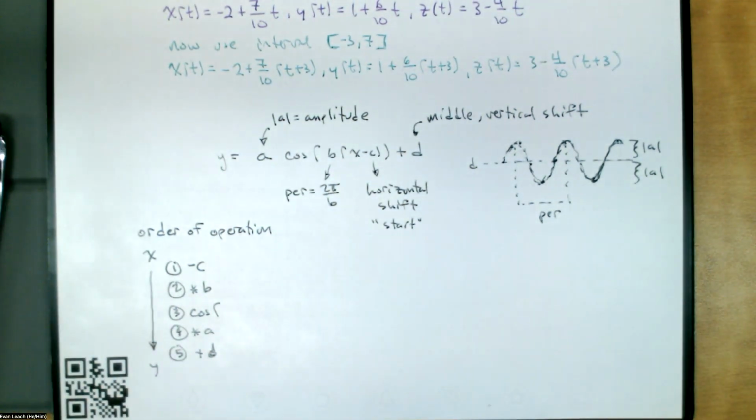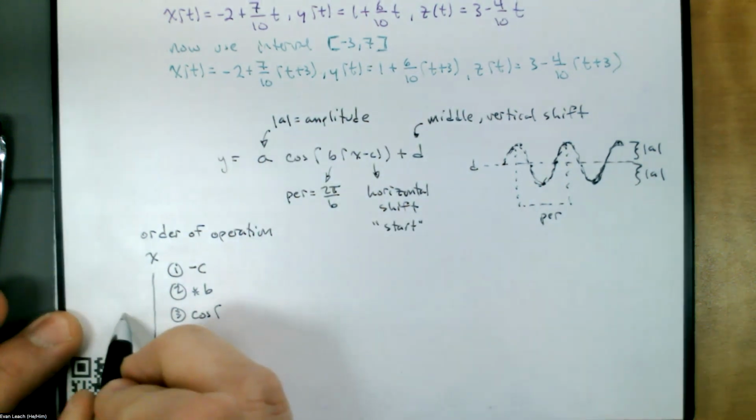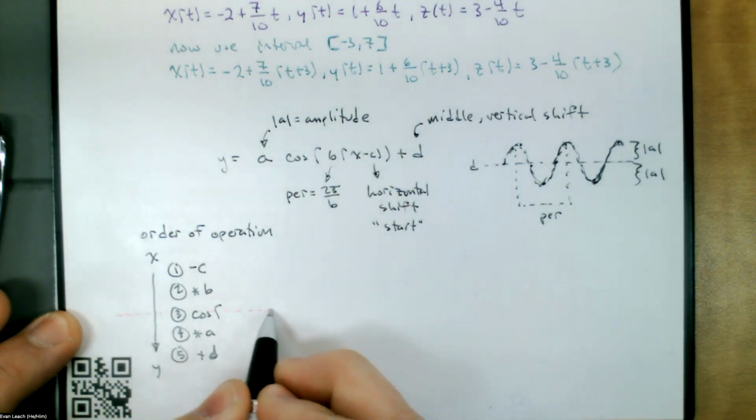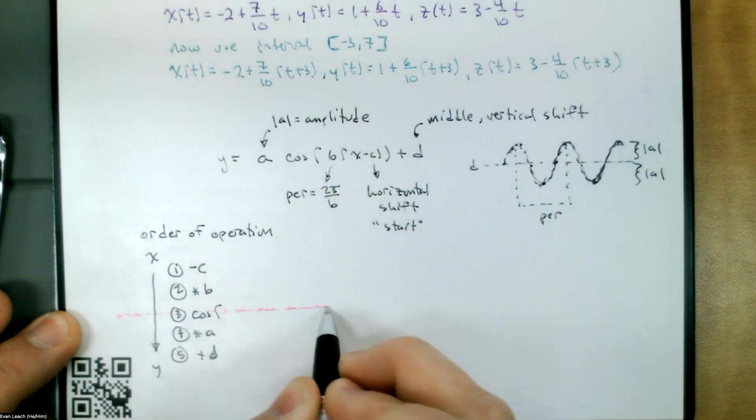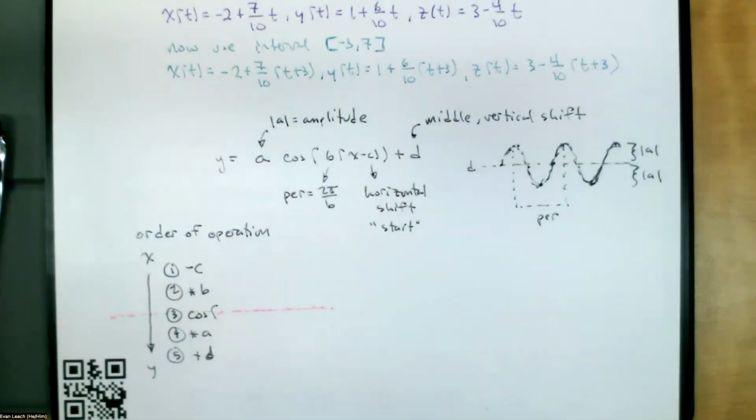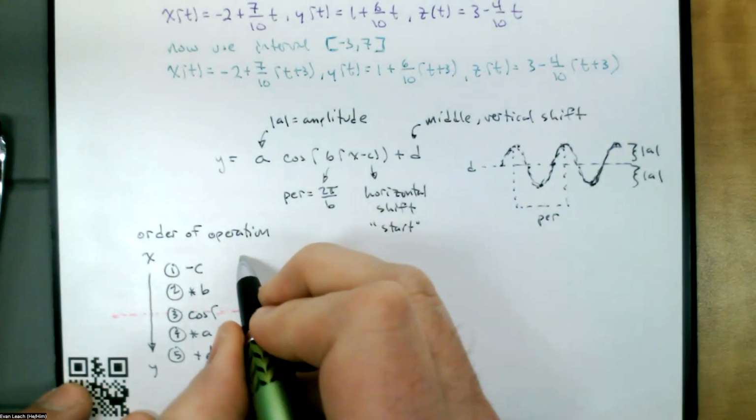This is what we want to notice. Notice in the middle, we've got this cosine, and we had two operations before the trig function and two operations after the trig function. So here in the middle is where we're at the trig function. This divides into two regions, before and after.